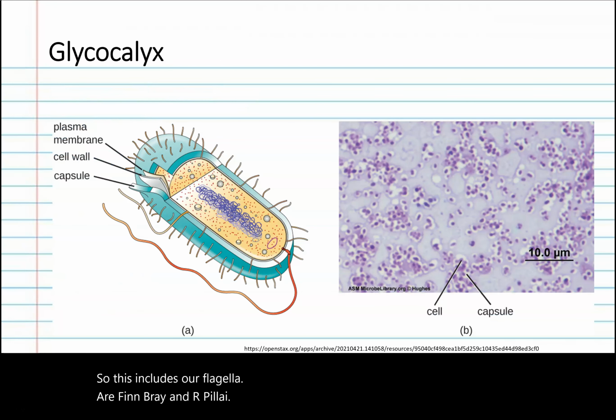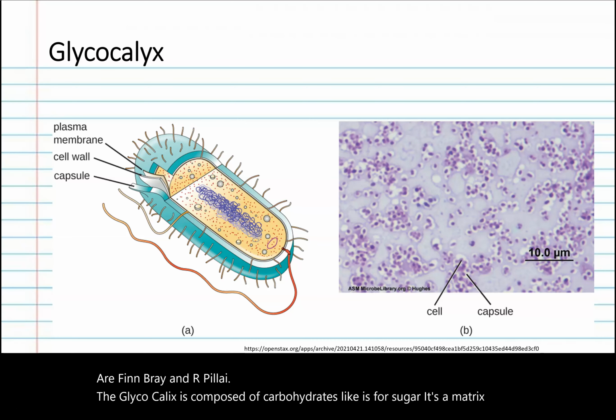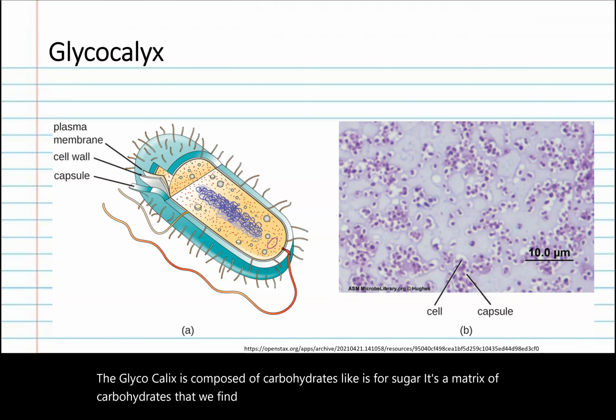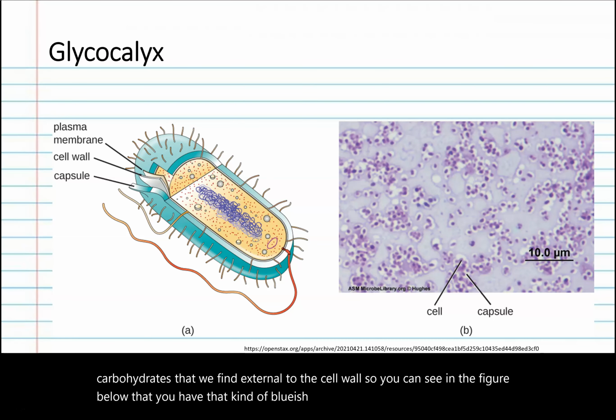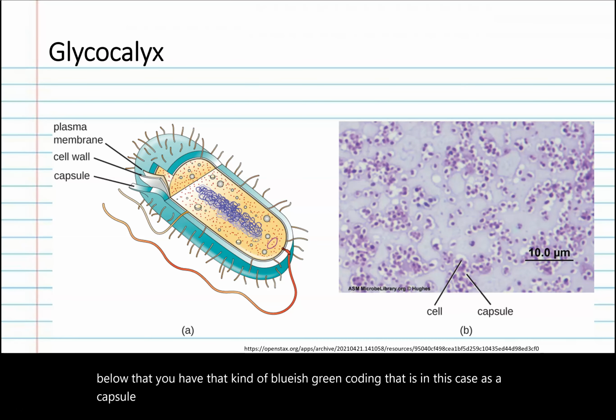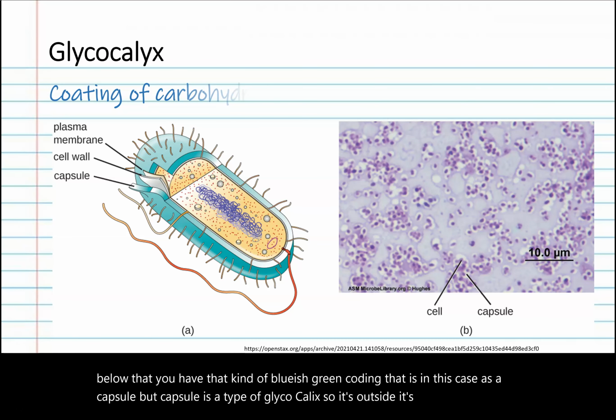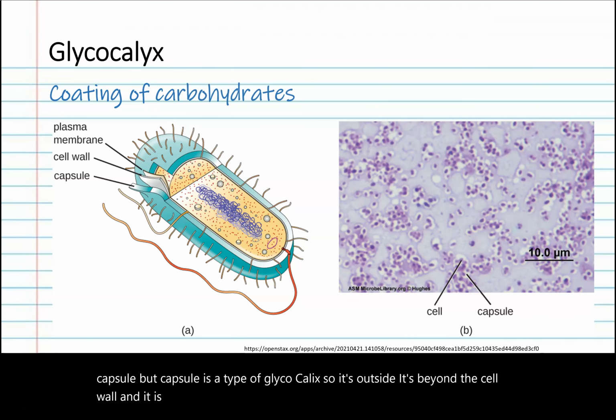The glycocalyx is composed of carbohydrates. Glyc is for sugar. It's a matrix of carbohydrates that we find external to the cell wall. So you can see in the figure below that you have that kind of bluish green coating. That is, in this case, a capsule, but capsule is a type of glycocalyx. So it's outside, it's beyond the cell wall, and it is made up of carbohydrates.